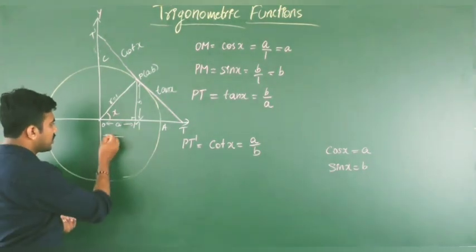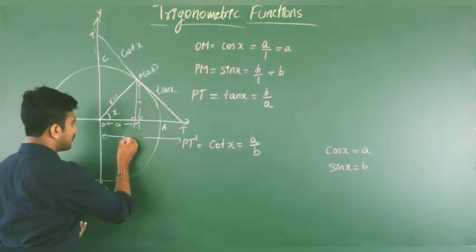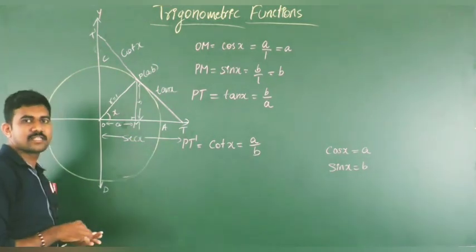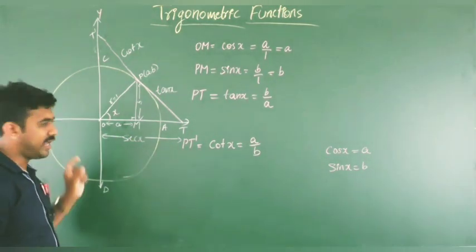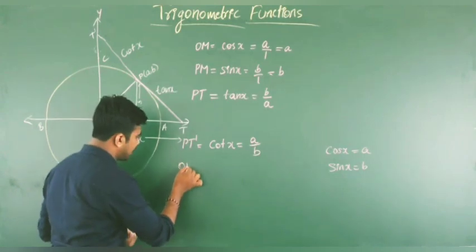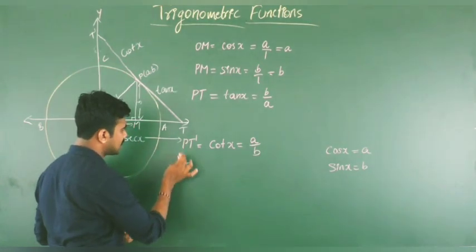Similarly, O to T, the length you have, is equal to secant x. It is the reciprocal of cos x, 1 by A. That is OT, not OT dash, OT.